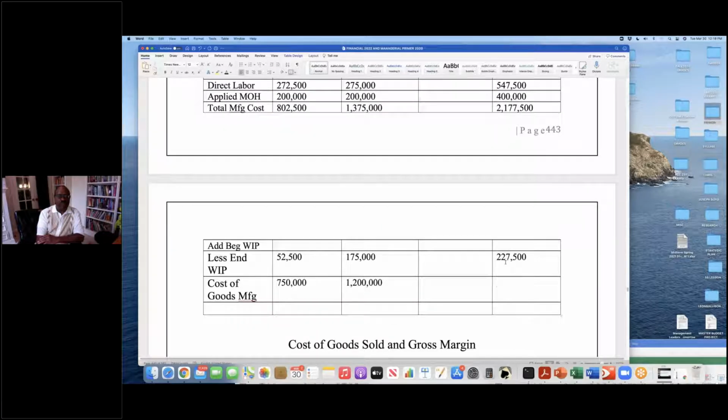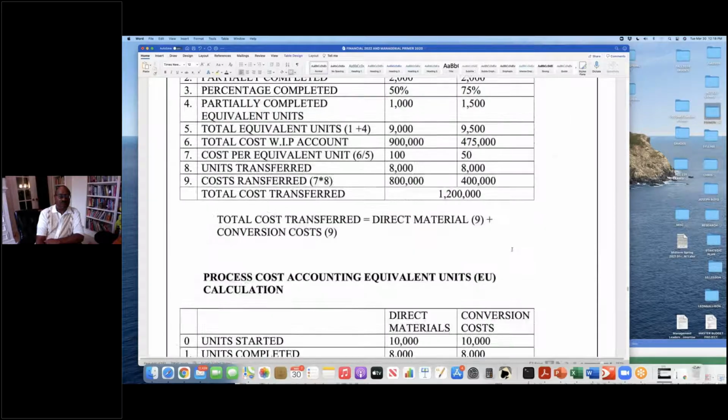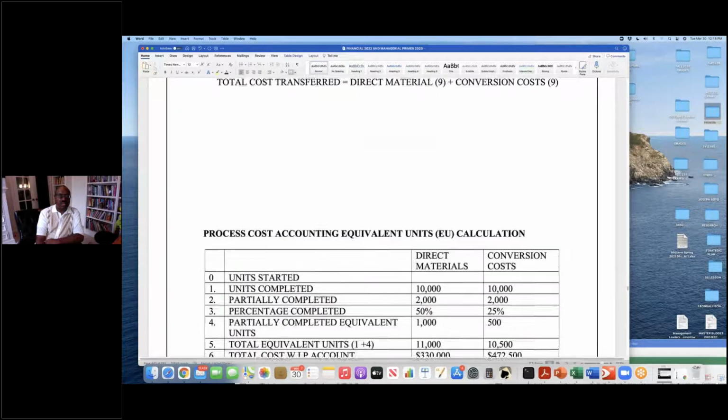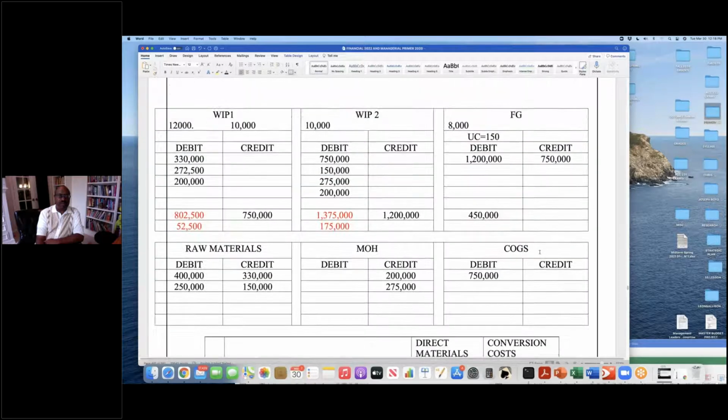Million what? 1,950,000. Now we know that cost of goods manufactured is always what? This number.